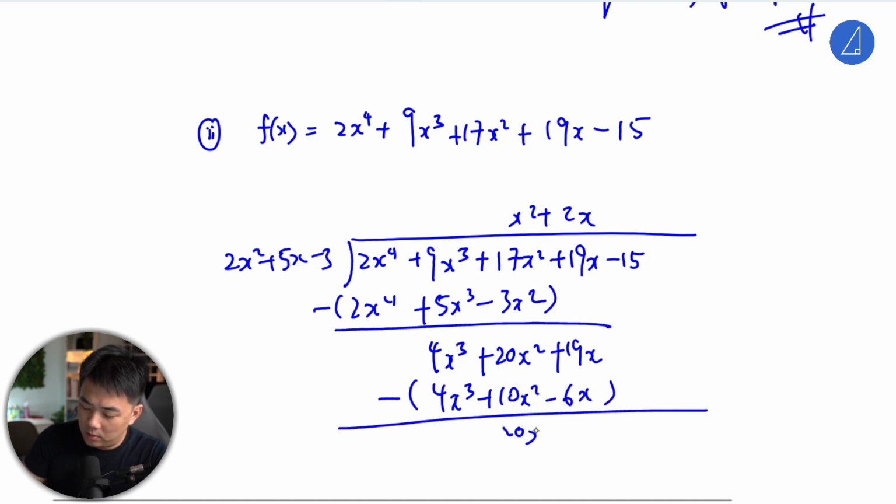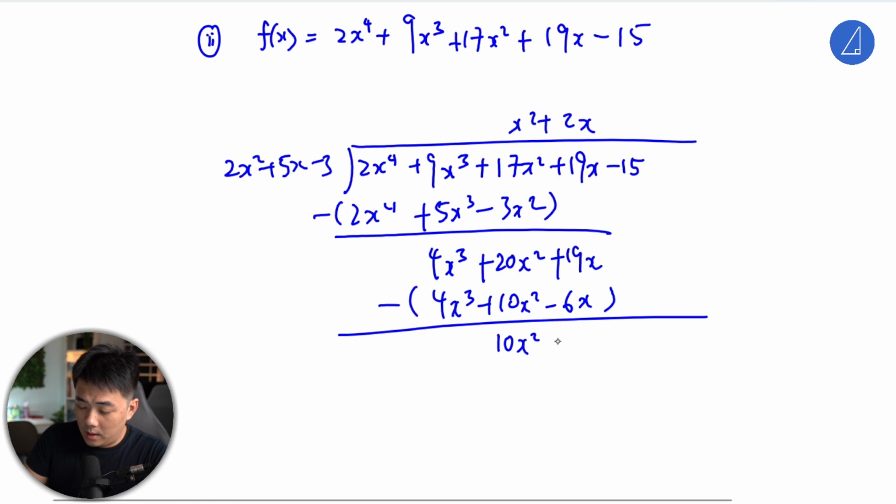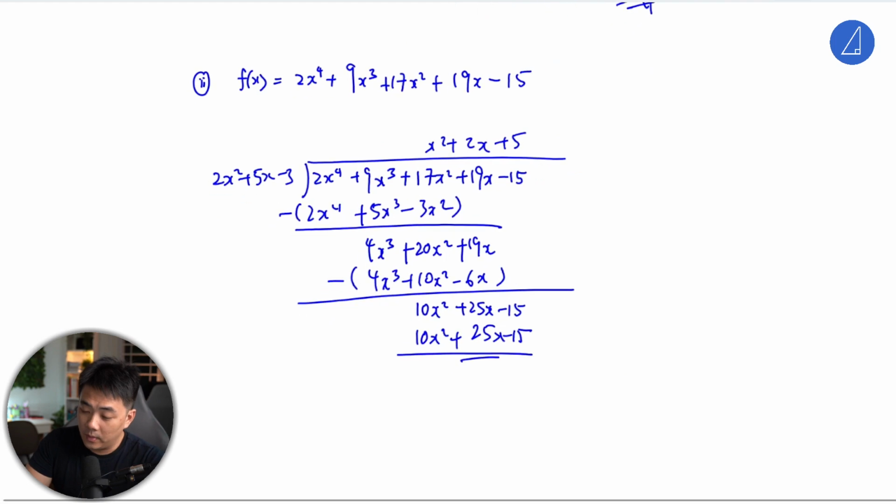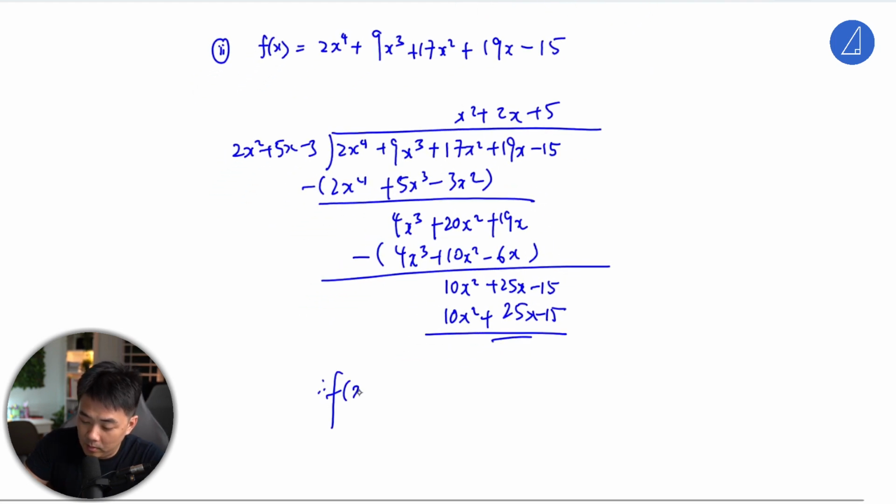This is 20x squared. No, this is 10x squared. Then 10x squared plus 25x minus 15. This is good.